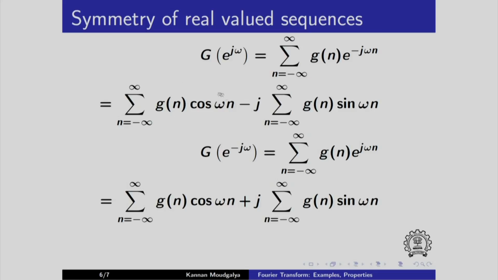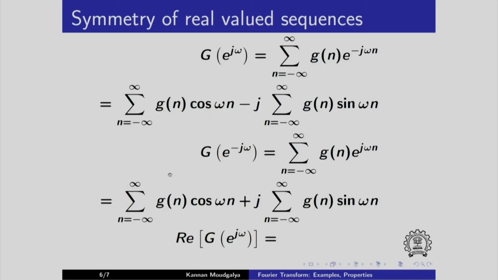So I can separate this using only the cos and sine term that come from here. The imaginary term is contributed only by the sine term here, no contribution from here. So I can write it as real and imaginary. Similarly for exponential minus j omega, I have real and imaginary.